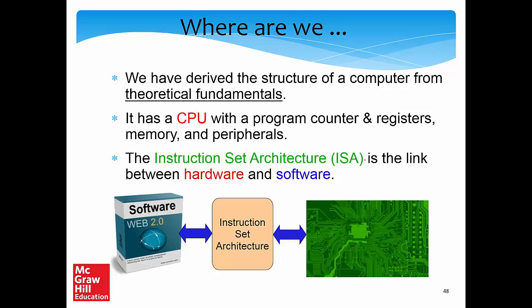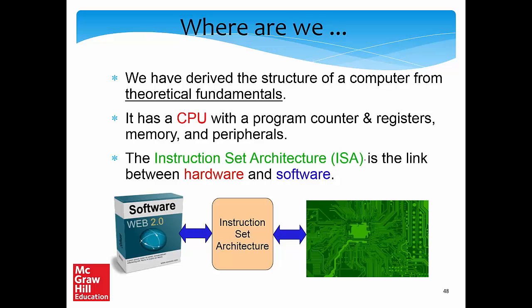What we have done in this small lecture is that we have derived the structure of a computer processing unit from theoretical fundamentals, from extremely theoretical arguments. We have sort of derived what a computer should look like. One, it needs to have a CPU, which is the brain of the computer, which pretty much runs all the instructions.